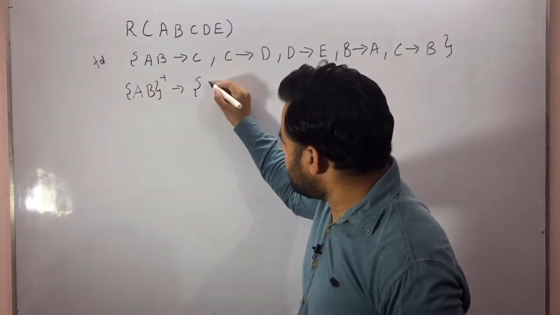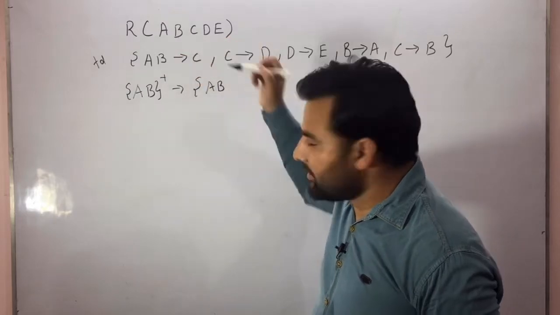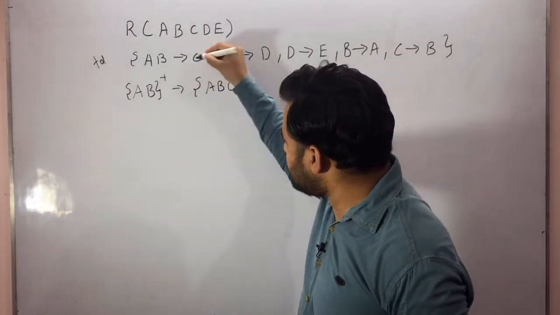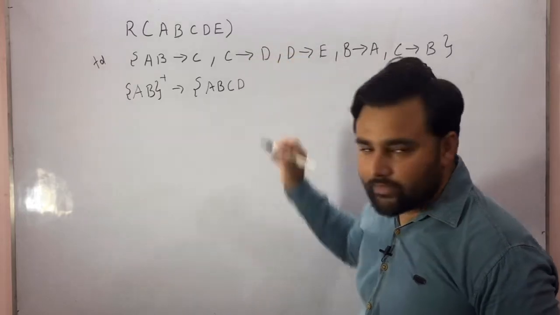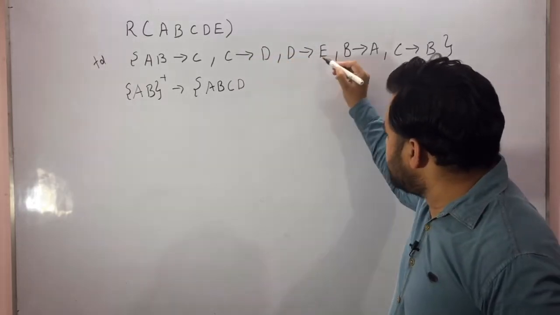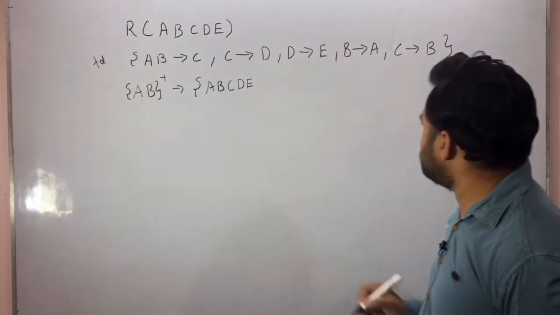So here obviously we'll get AB, and from AB I'm having C. AB tends to C, and from C tends to D. Okay, and from D I'm getting E. So here D tends to E.